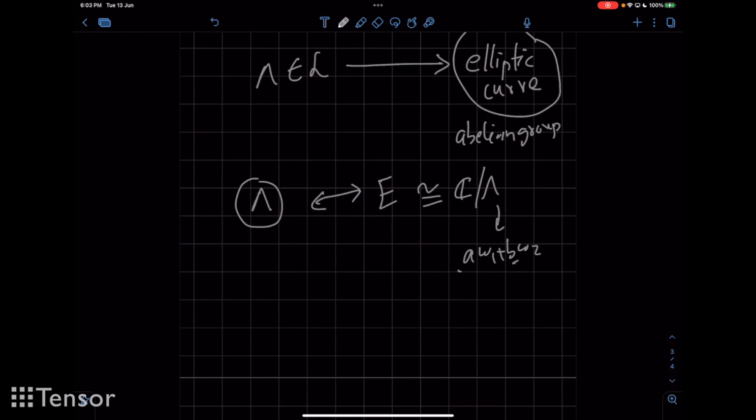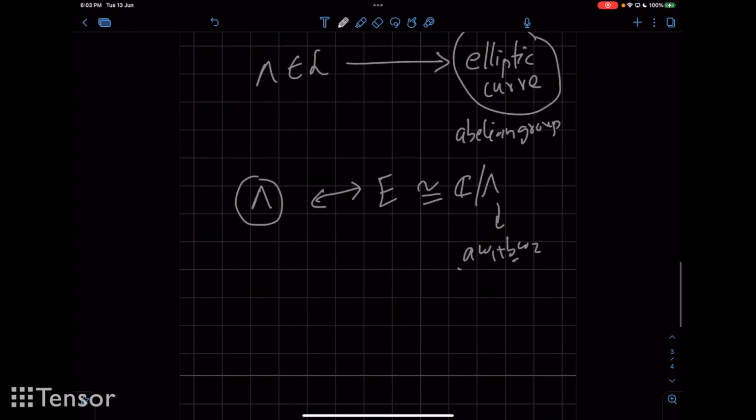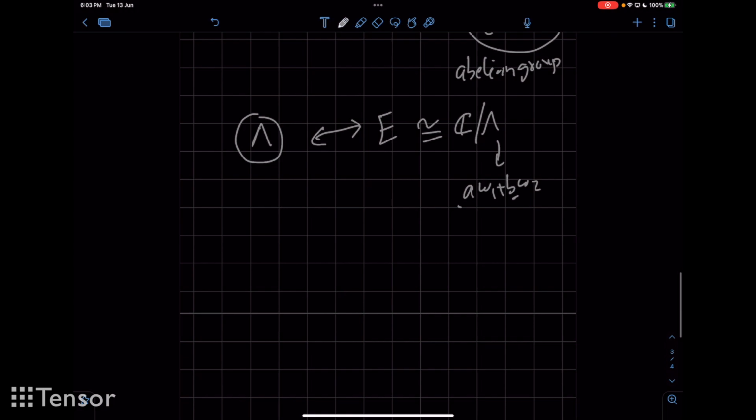So we can talk about the isomorphism classes of the elliptic curves, because elliptic curves are abelian groups, as I said. Let's say lambda 1 is a lattice that corresponds to an elliptic curve E1, and lambda 2 is a lattice that corresponds to E2.